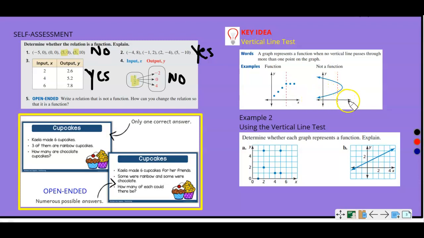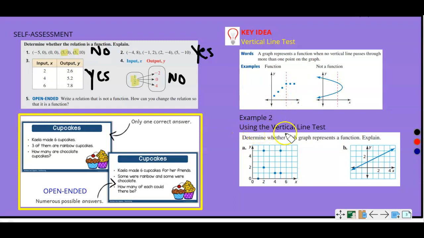You can call it the pencil test, any vertical object that you can slide across a set of ordered pairs or a graph to determine whether it's a function or not can be used. And you can see that this point and this point both have the same x values. So this one would be a function, this one would not be a function.